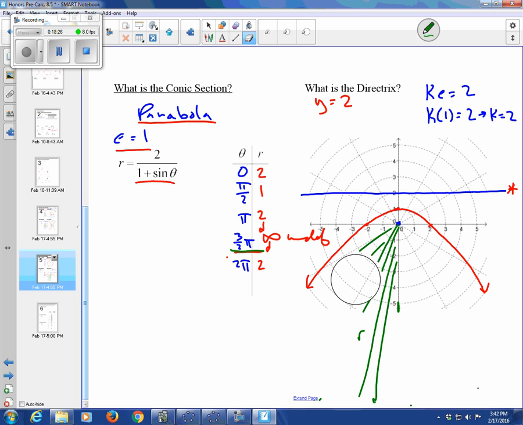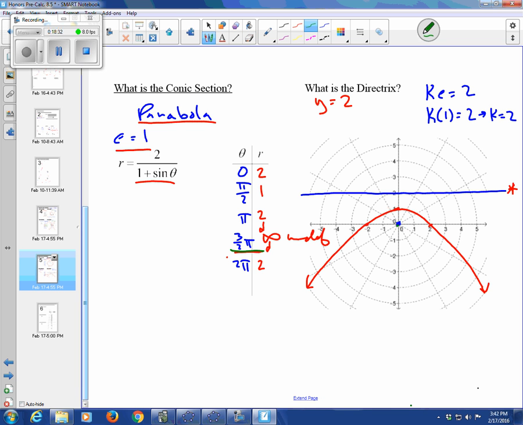So we never actually get negative r values here, but we are getting r values that go out to positive infinity and then come back from positive infinity. And then right here, basically what we're seeing is those r values come back and end at 2 pi with an r value of 2.